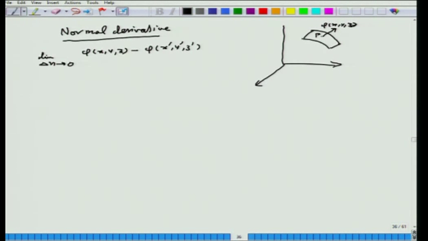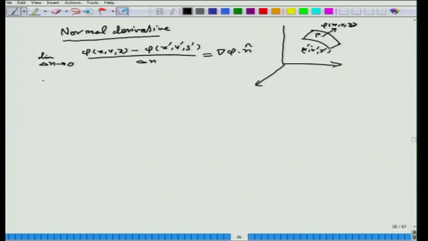Here this is a part of the closed surface like this, where x', y', z' is inside the domain, and the point x, y, z is on the surface. So it is assumed that phi is defined at those interior points x', y', z'. As before, as we have seen in 2 dimensions, this limit turns out to be gradient of phi dot n cap.